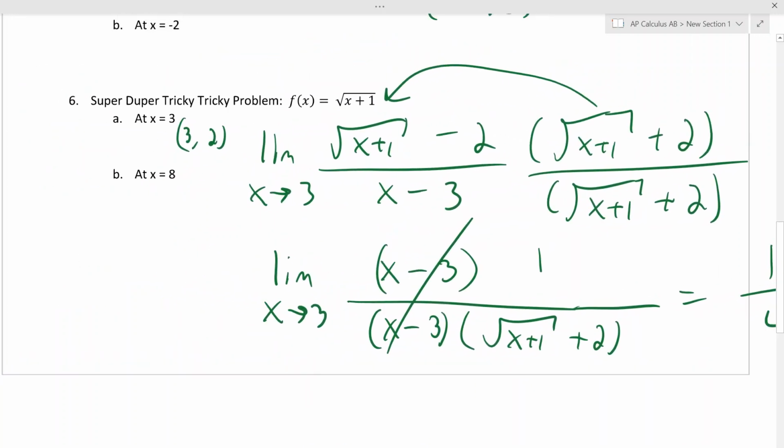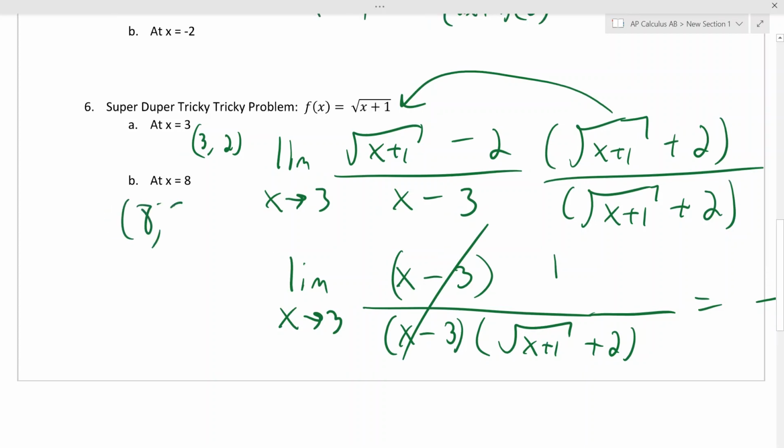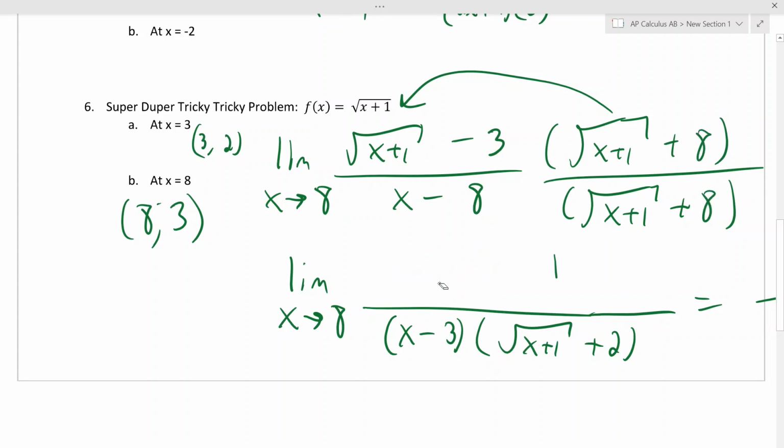Okay, and lastly at 8, our point's going to be 8, comma 3, right? If you plug an 8 in there, you're going to get 3 as your y value. So this is going to become √(x plus 1), so we're headed to 8. I'm just changing all these, approaching 8. This is going to be a minus a 3, and this is going to be minus an 8, which means we're going to be multiplying by plus 8. Okay. Nope, this is going to be plus a 3.